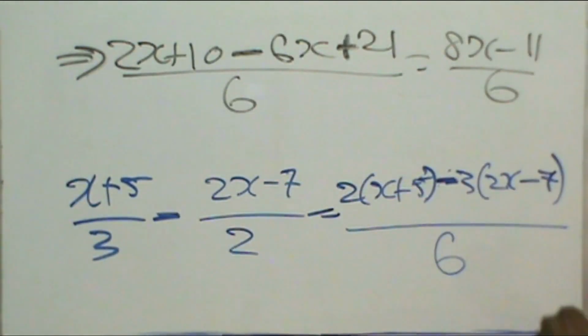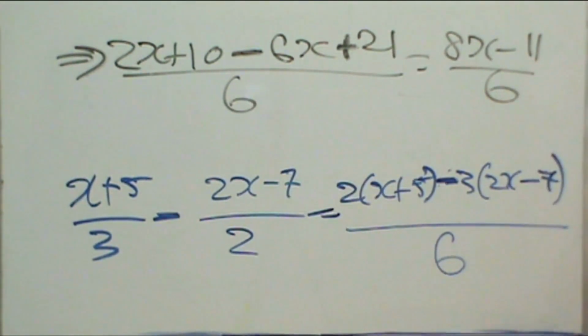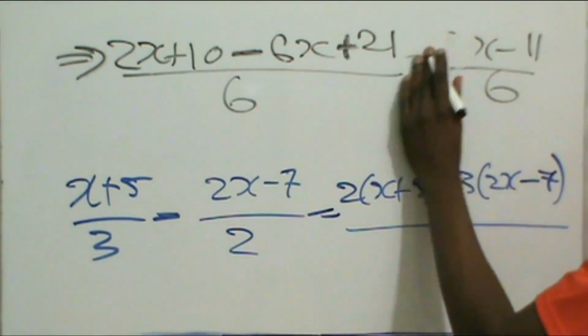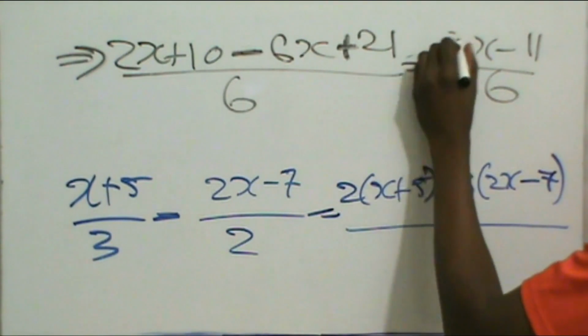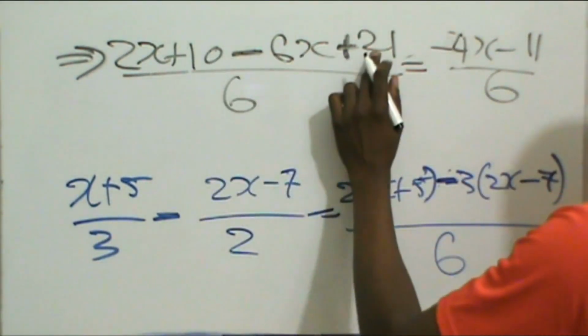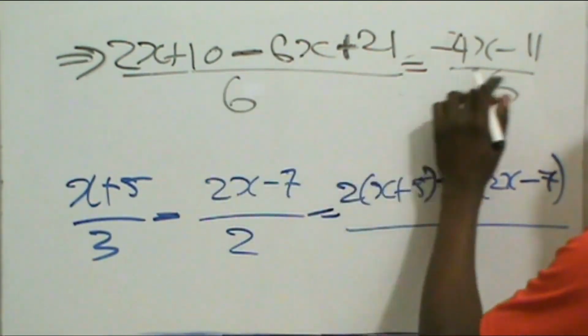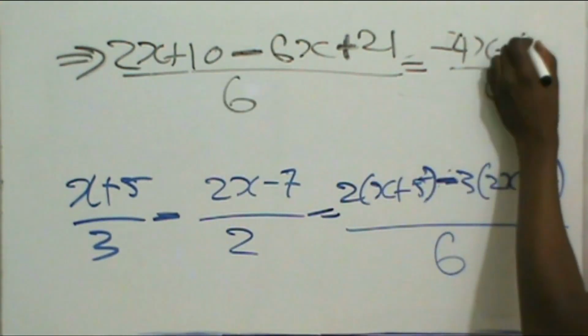Alright? And it would now be 2x minus 6x, which will give you minus 4x. Right? And 10, no, 10 plus 21, which will give you plus 31.